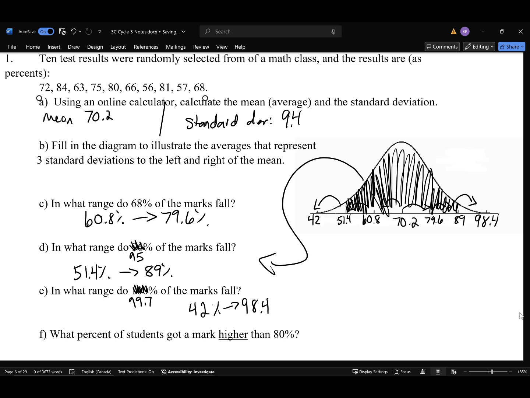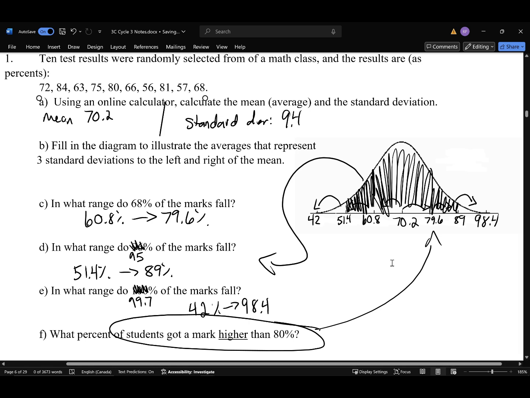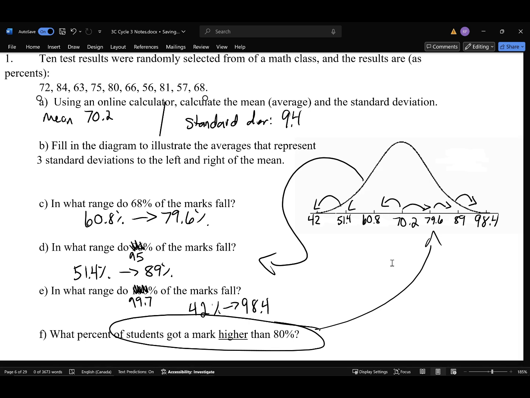Now, if I'm asking which percentage of students got higher than 80%? Well, we can look at that as 79.6. What percentage of our students got a mark higher than that? Well, I'll erase some of this right here. We know that this amount of our data, which is within 1 standard deviation of our mean, is 68%.